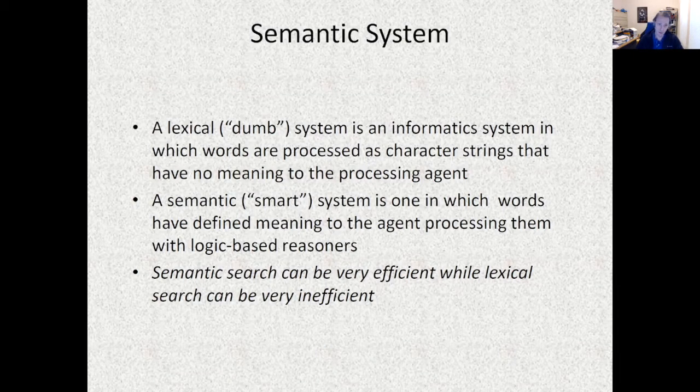The colloquial term dumb refers to a lexical system where the processor just views the data as character strings without meaning to the processing agent. In contrast, the colloquial term smart is for a semantic system where presumably the processor has some understanding of the content. Why?